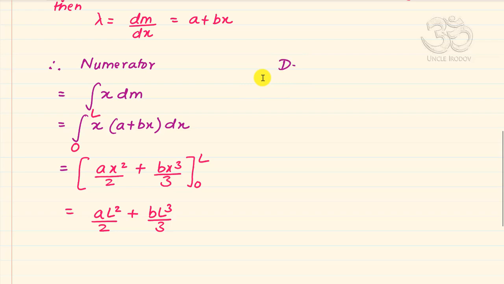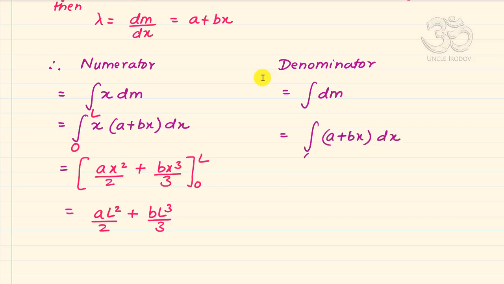The denominator will be just integral of dm. So that will be integral of (a plus bx) times dx, where the limits of x will be again from 0 to L, and after you integrate you are going to get aL plus bL square by 2. You should integrate and put the limits and you will get this end result.